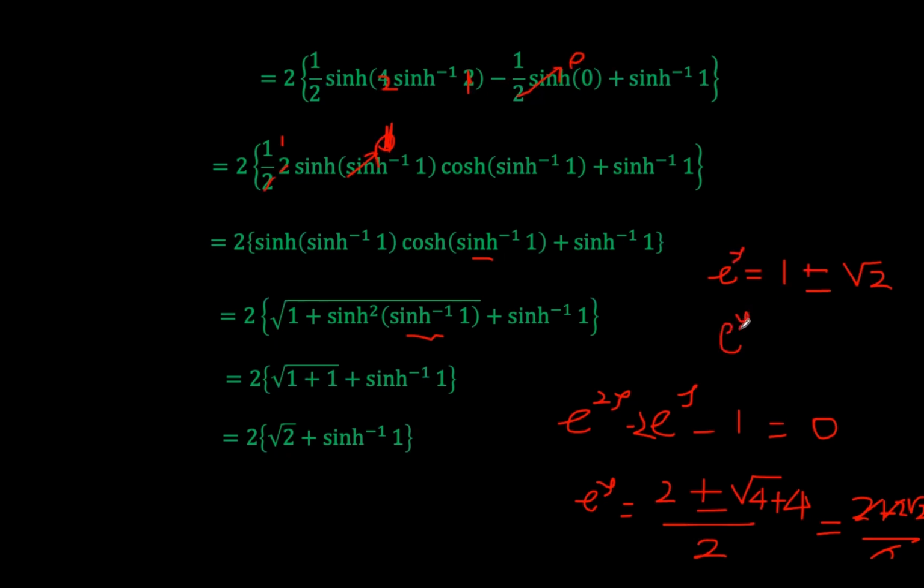So e to the power y, therefore, has only one candidate, and that is 1 plus root 2, and therefore y is equal to the natural logarithm of 1 plus root 2.